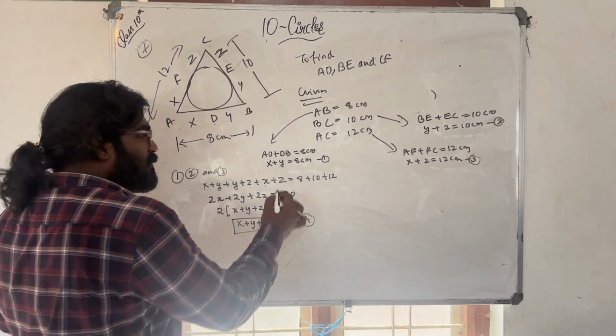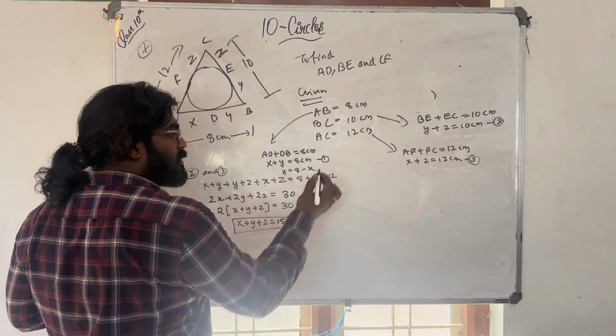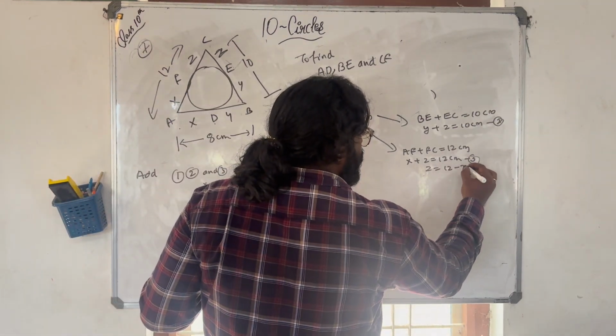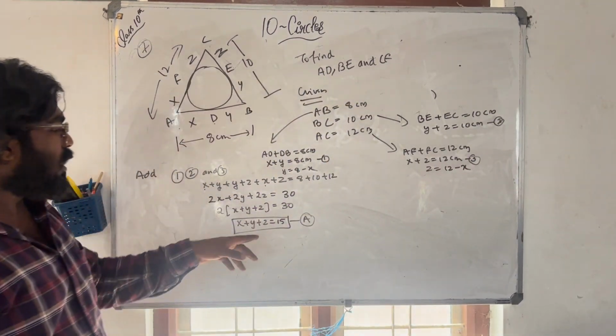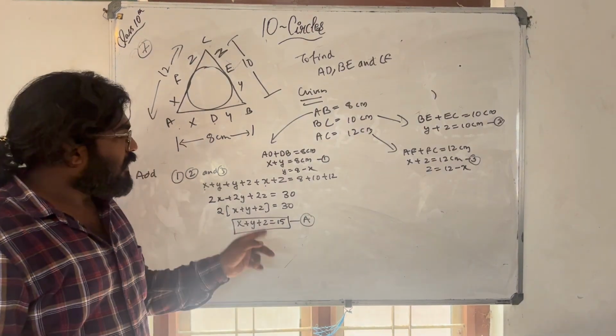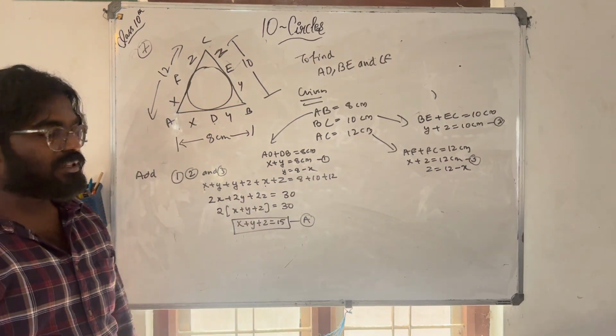What I'll do is, from this equation, I can write Y as 8 minus X, right? And from this equation, Z can be written as 12 minus X. Why am I doing this? Because I will put these in place of Y and Z in the big equation and get the value of X. Then X I can put over here and get the values of Y and Z. That's all.